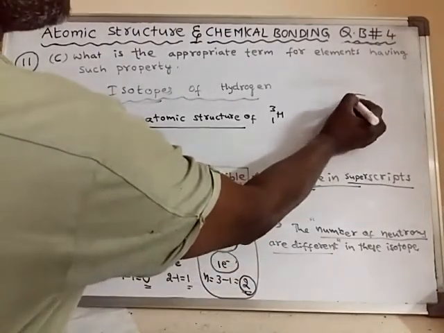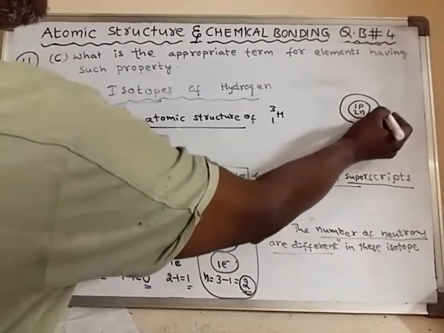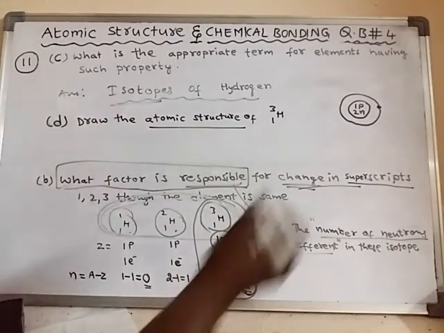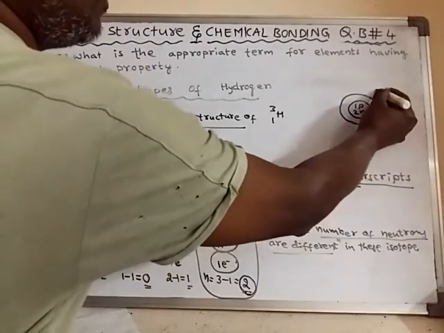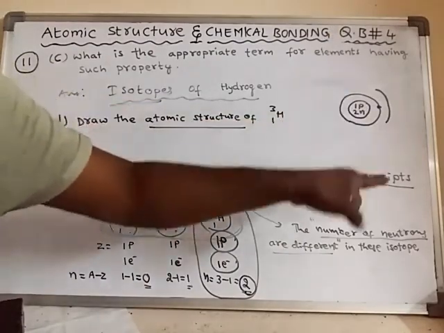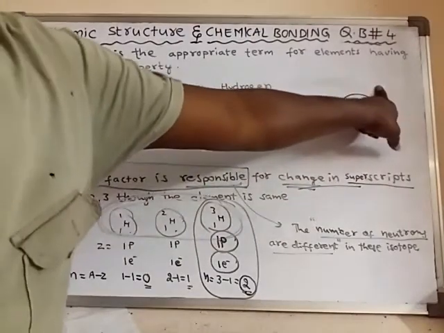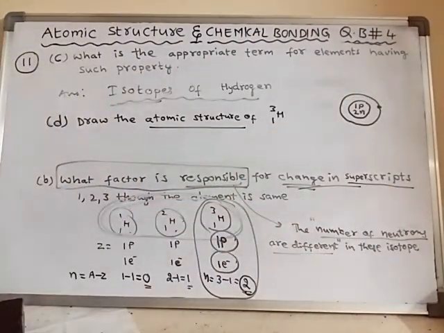So that one electron, always remember that the first electron will enter into the first orbit only. The first electron cannot enter into the other orbits. So it is not possible. The first electron always enters into the first orbit. So this atom is having only one electron. Hence that electron should be written in the first orbit only. No need of writing the second orbit, because there is no electron in the second orbit. Even the second electron should be written in the first orbit only.